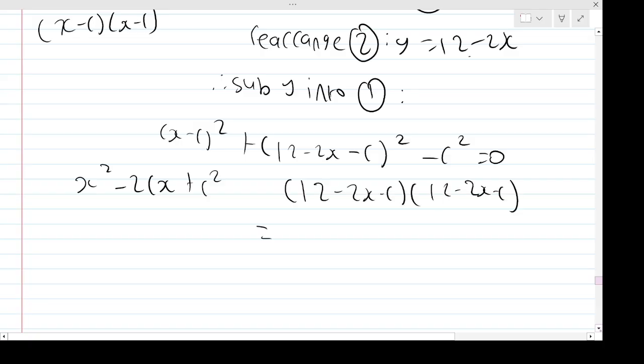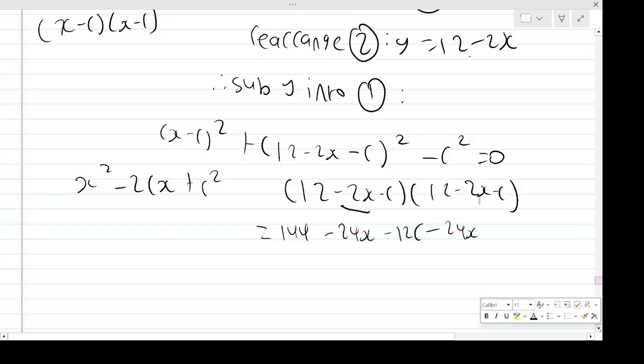If we were to expand it, 12 times 12 is 144. Then 12 times minus 2x is minus 24x. Then 12 times minus r is minus 12r. Then we move on to the 2x. So minus 2x times 12 is again minus 24x. Then minus 2x times minus 2x is plus 4x squared.